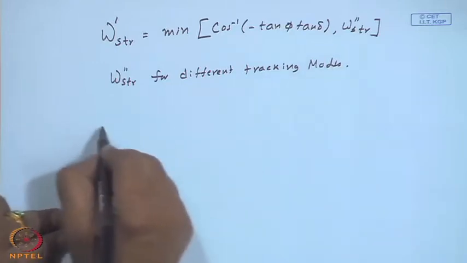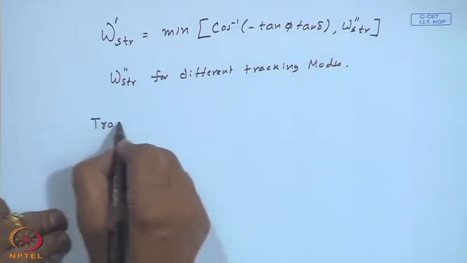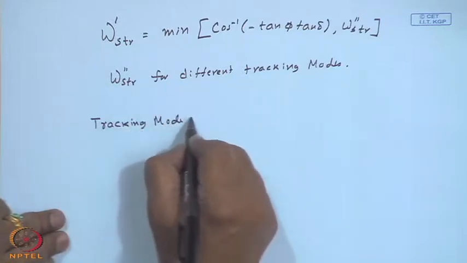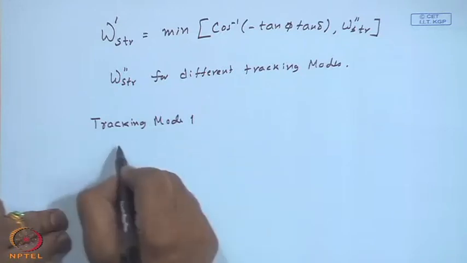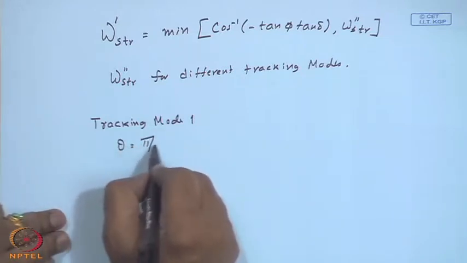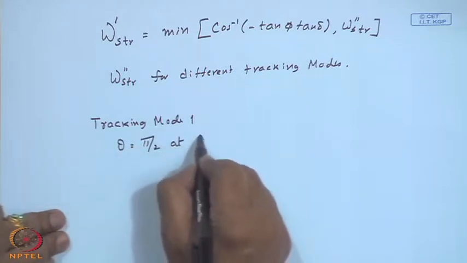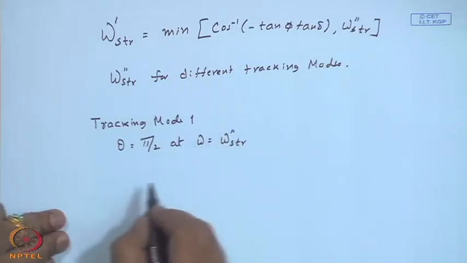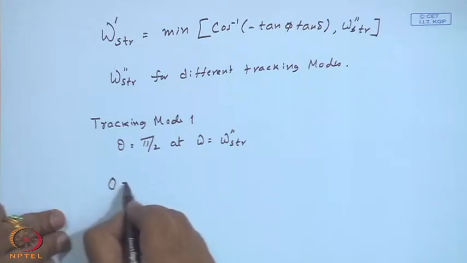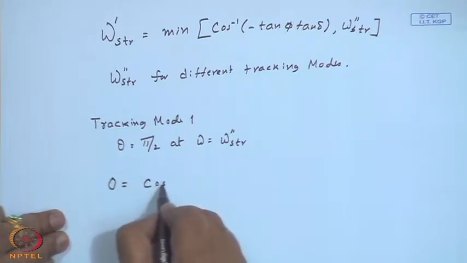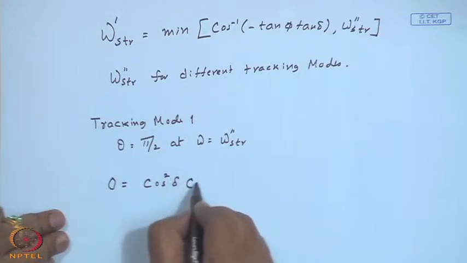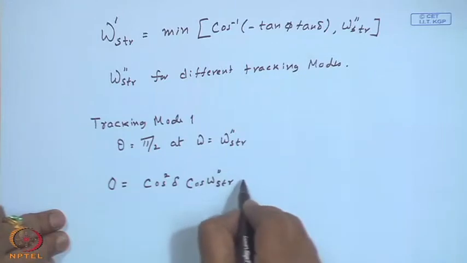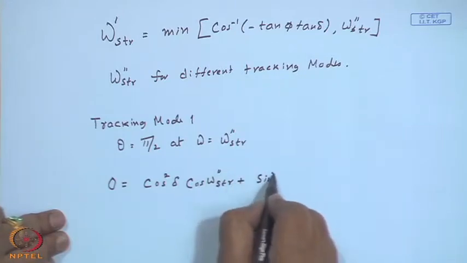Right. So, tracking mode 1, how do we do? Theta should be equal to pi by 2 at omega equal to omega S TR double prime, giving rise to 0 equal to cos squared delta cos omega S TR double prime plus sin squared delta.